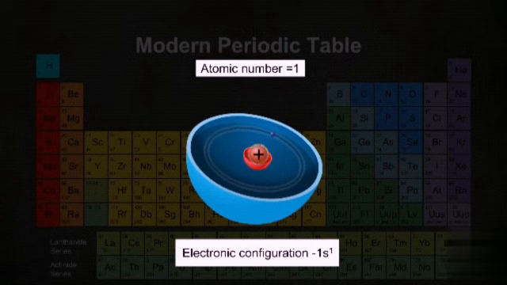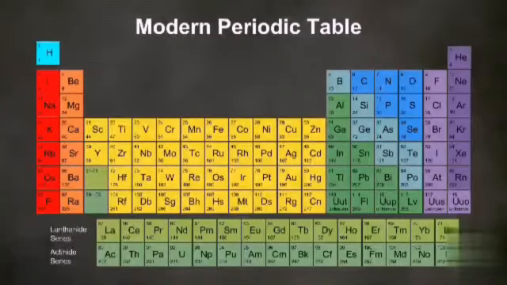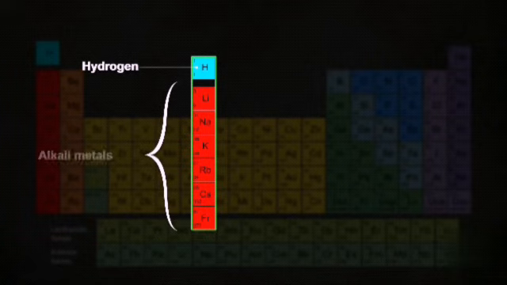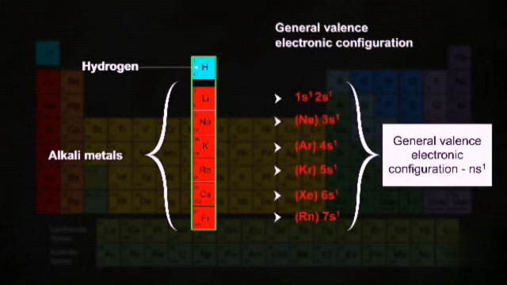Its electronic configuration is similar to that of group 1 elements or alkali metals. The general valence shell electronic configuration of alkali metals is also ns1.